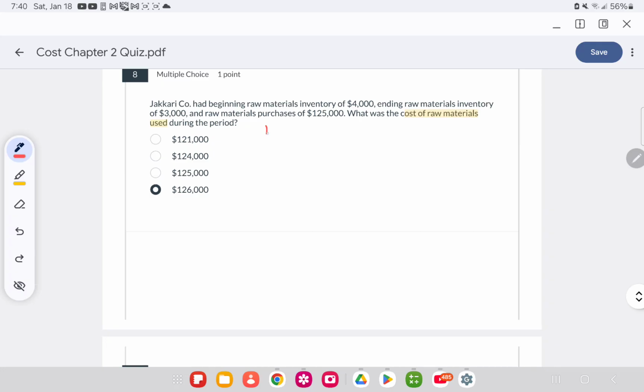So you guys learned before the raw materials inventory formula, the WIP inventory formula, and the finished goods inventory formula. Now keep in mind, this one's a pretty easy one, and all these formulas really are is what makes raw materials go up and what makes it go down, and the same thing for WIP and finished goods.